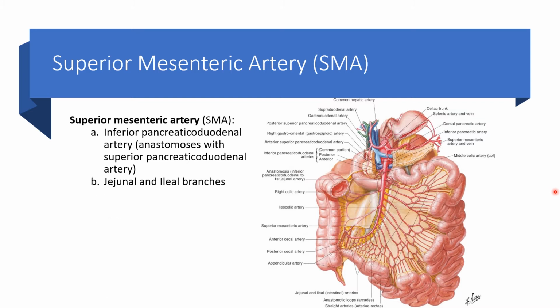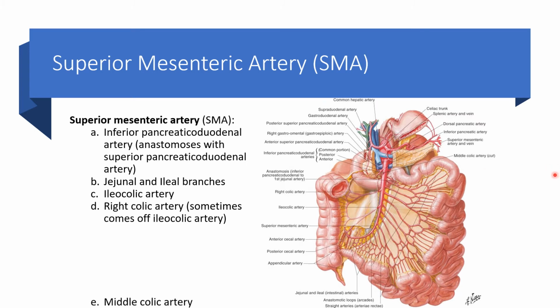It gives off jejunal and ileal branches, which are these. It gives rise to the ileocolic artery, and sometimes it gives rise to the right colic artery, which sometimes comes off the ileocolic artery. And of course, the middle colic artery, which is not really well seen here.